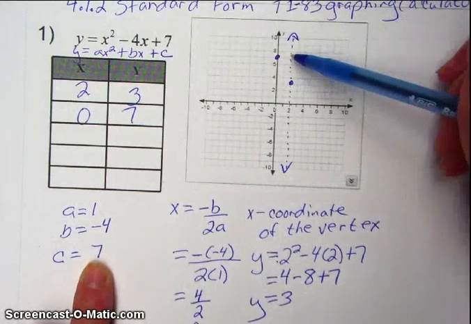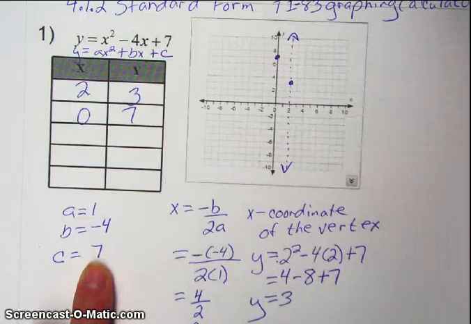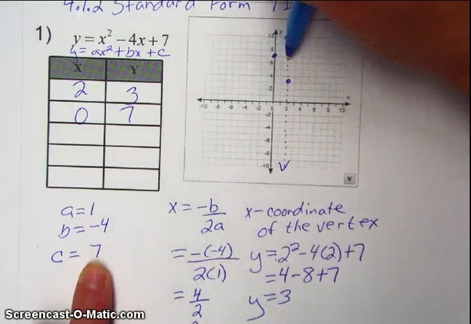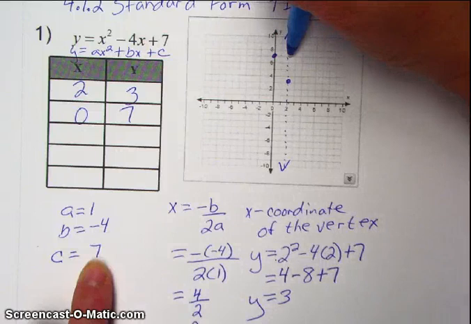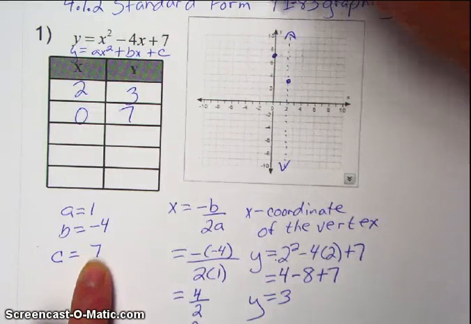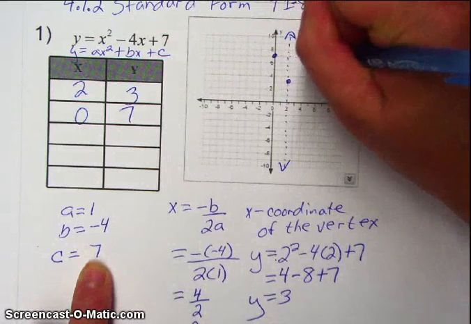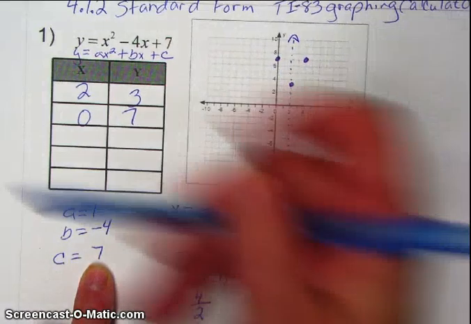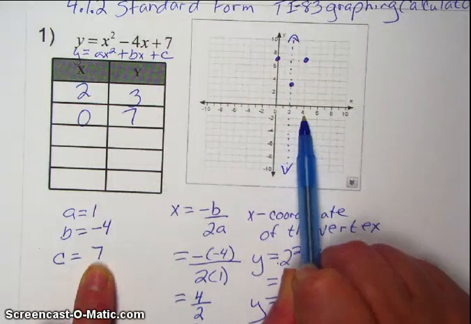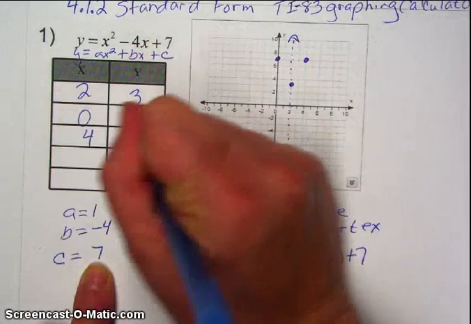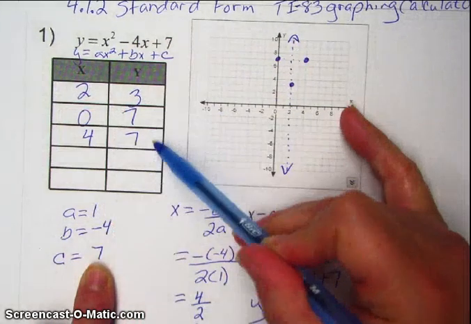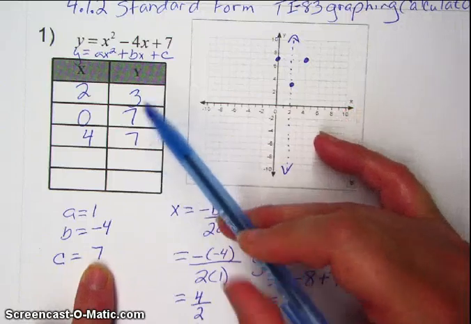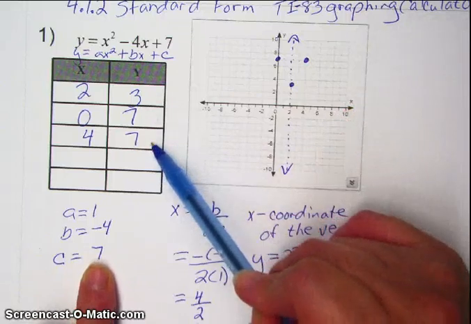That point is 2 away from the axis of symmetry, so its reflection is going to be 2 on the other side of the axis of symmetry. What are the coordinates of that point? That point has coordinates (4, 7). The y coordinates of a point and its reflection are the same.